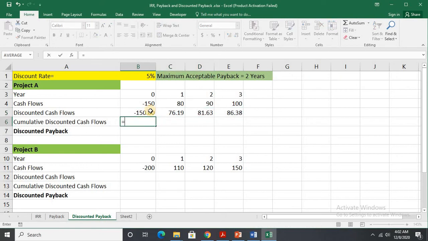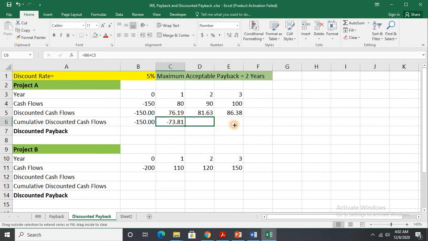Equal sign, for the first year it is minus 150. Second year, cumulative discounted cash flow for year 0 plus discounted cash flow for year 1. Press enter, then drag this one. Now we'll calculate discounted payback.